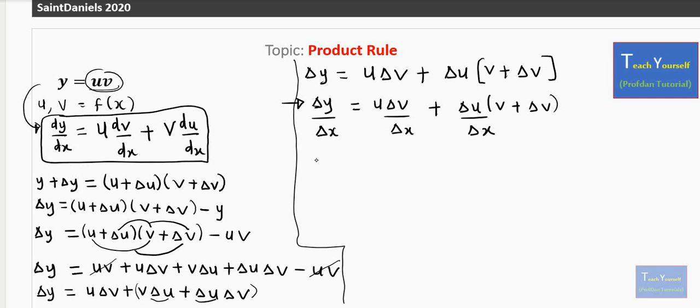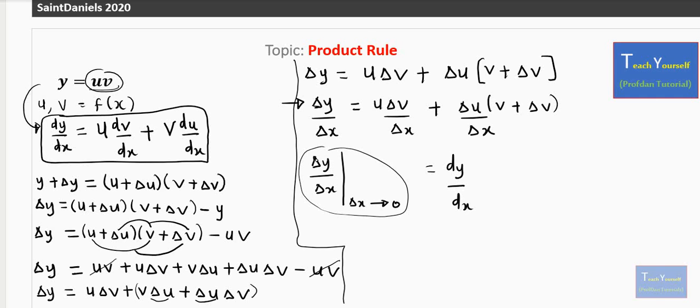Okay, so at this point, remember what we call limit. We have to take the limit as increment in x tends to 0. And when you do that, the whole of this is going to become what we call our differentiation of y with respect to x.